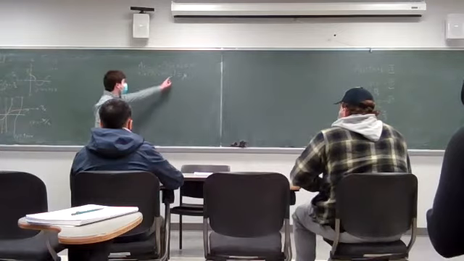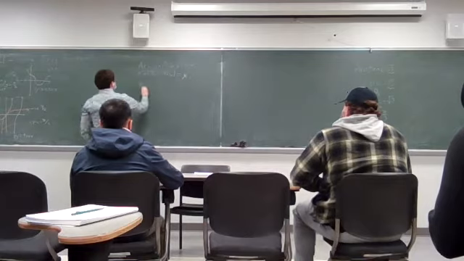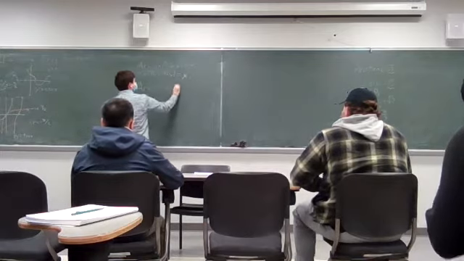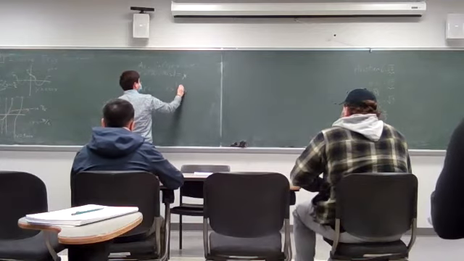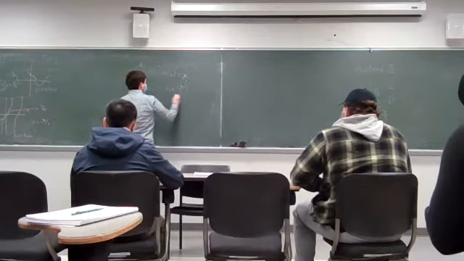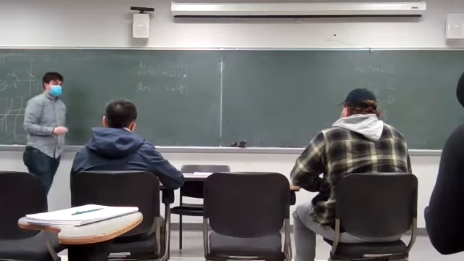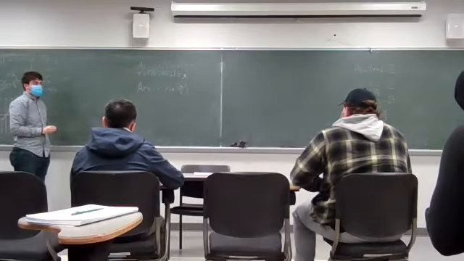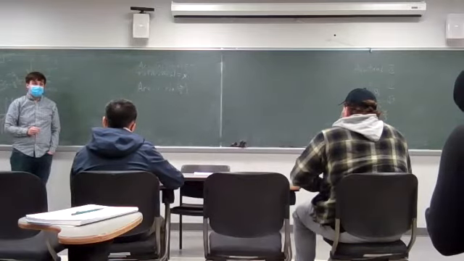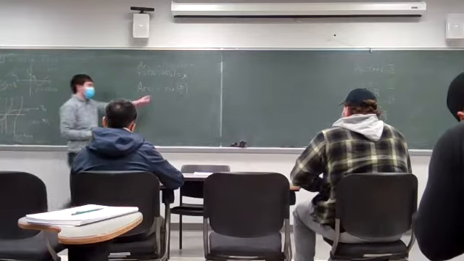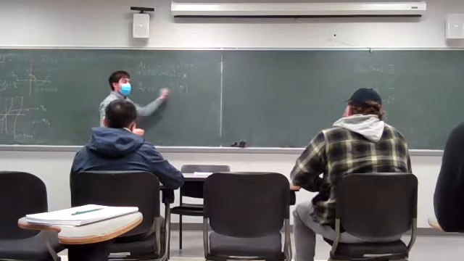I'll do a quick example here to demonstrate what I'm talking about. What if I was doing this? Is that going to be 3 pi over 2? No, it's not, because 3 pi over 2 isn't in the range.